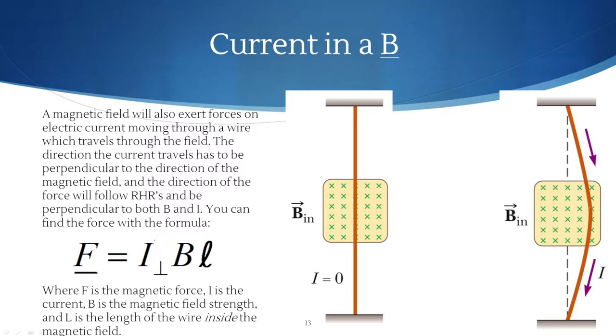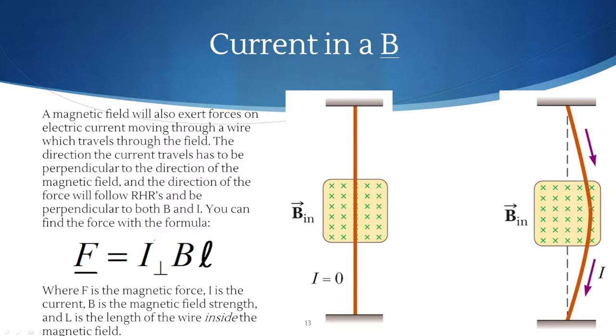What this means is this is one reason why magnets are bad for your electronics. You've probably been told in the past, don't hold a magnet up to your phone. Don't hold a magnet up to your computer. This is one reason why. Magnets can literally cause the wires inside of your device to get pushed around in ways that they aren't supposed to.